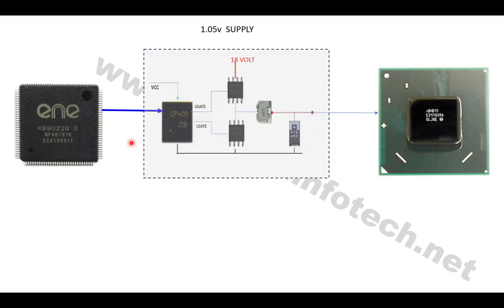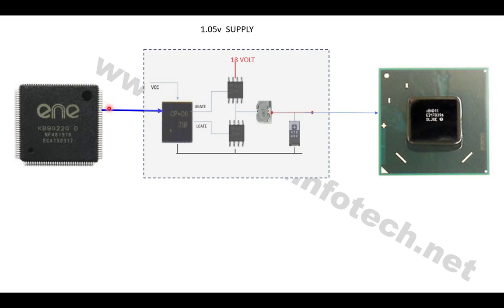Next we'll see how the 1.05 voltage will be generated. Similar to the RAM section, here is also the same. Here is another buck converter that generates a 1.05 voltage, once it gets the SUSP signal.